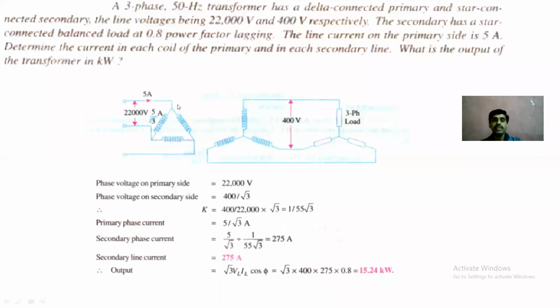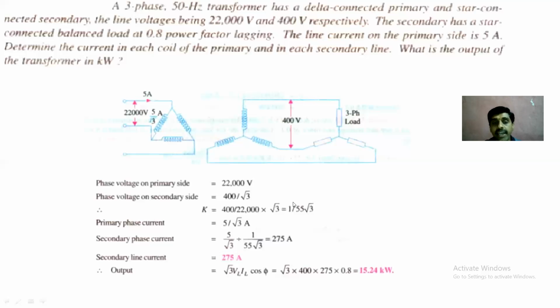Then by applying that, they have given the primary line voltage as 22,000 volts, which is equal to the phase voltage. What is the phase voltage on the secondary side? The phase voltage is 400 by root 3. Then the transformation ratio K is equal to the secondary phase voltage by the primary phase voltage, that is 400 by root 3 divided by the primary phase voltage.